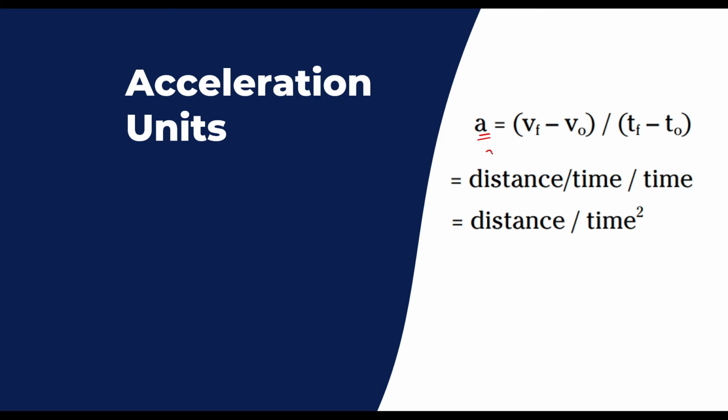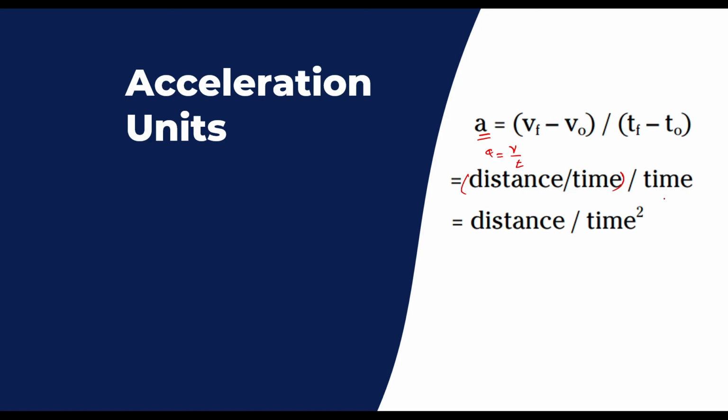In the simplest form, acceleration a equals v over t, velocity over time. What are the units for velocity? That's distance over time, a certain distance unit per time, let's say meters per second, kilometers per hour, or even miles per hour, and so on.